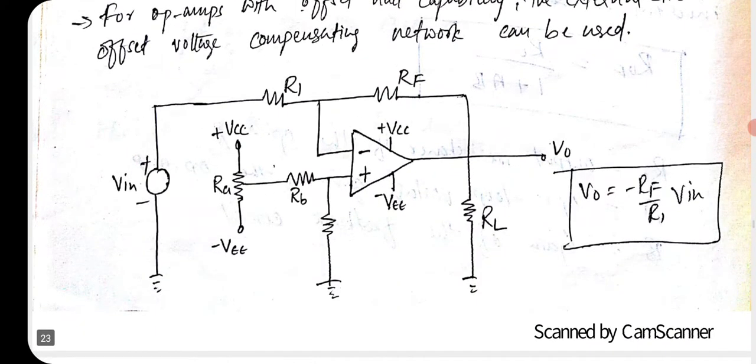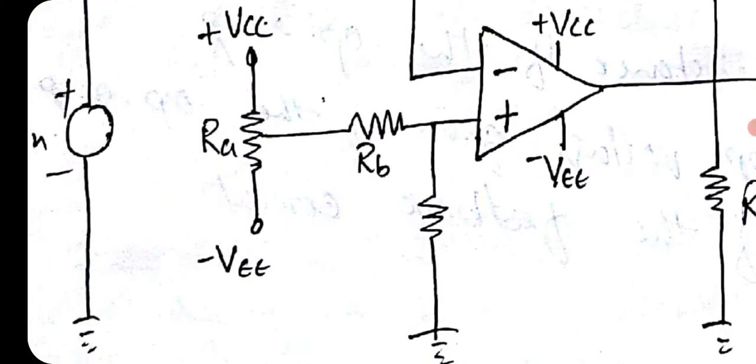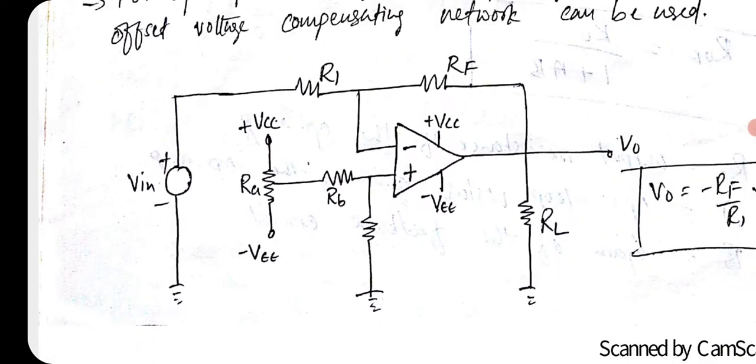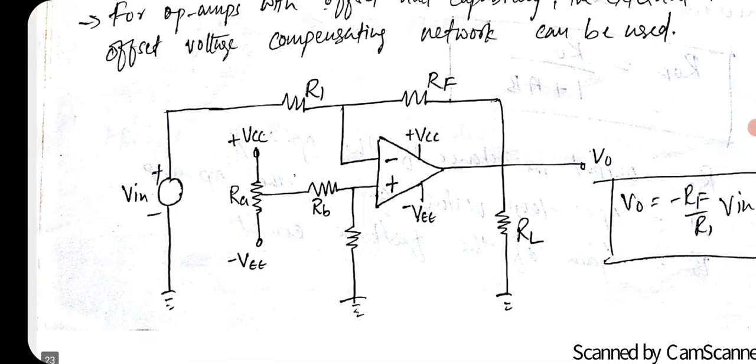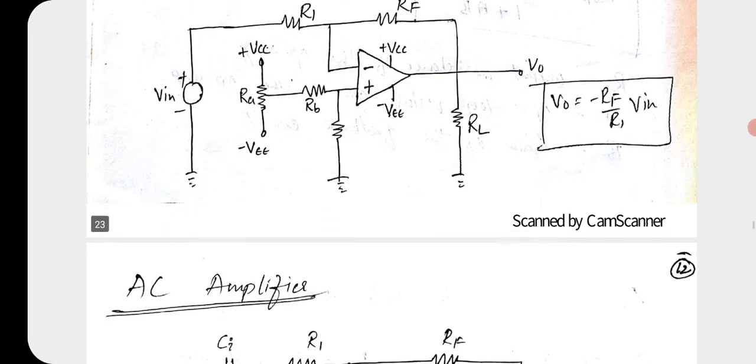See here, this is also another arrangement. RA is connected across plus VCC and minus VEE, and the supply is given to the non-inverting terminal. All this is to make the offset voltage null, to make it 0.